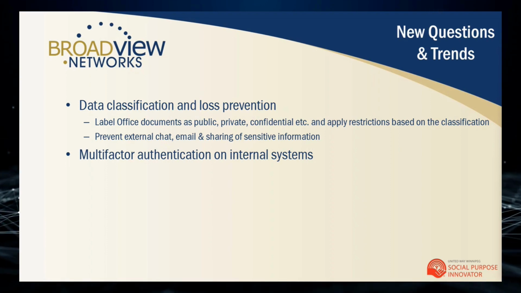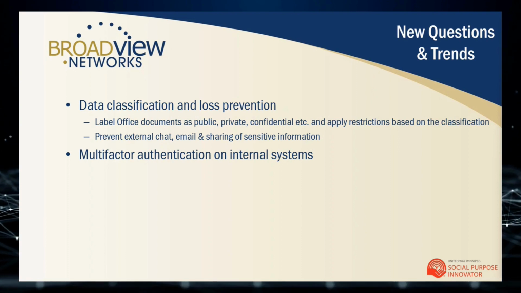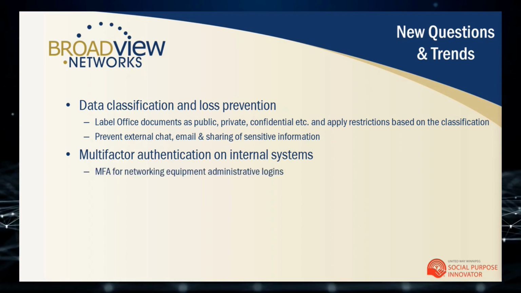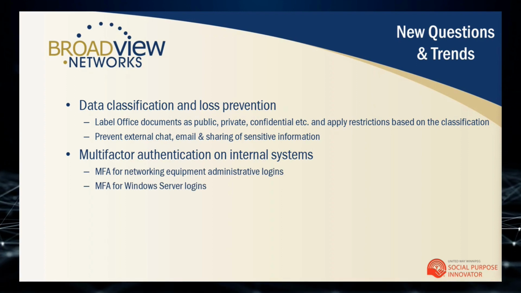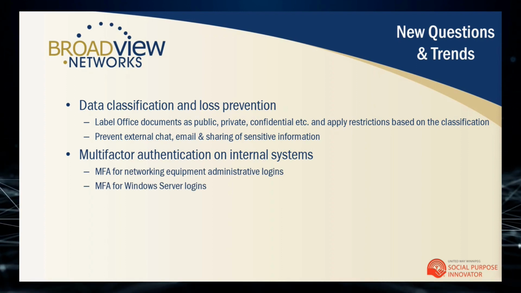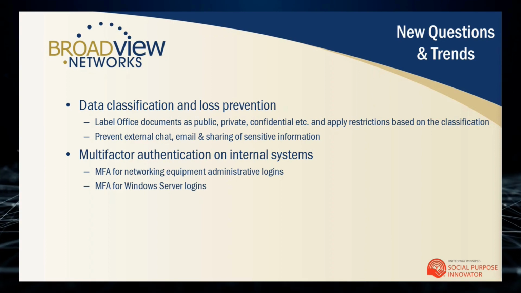Secondly, we talked about MFA, really MFA everywhere. The two newer locations they're looking for are your networking equipment, so admin logins to firewalls and admin logins to your wireless infrastructure. Are they using RADIUS or some other method to do multi-factor?